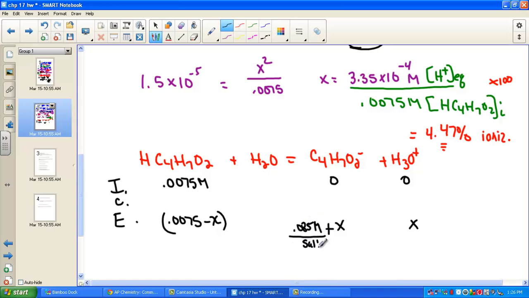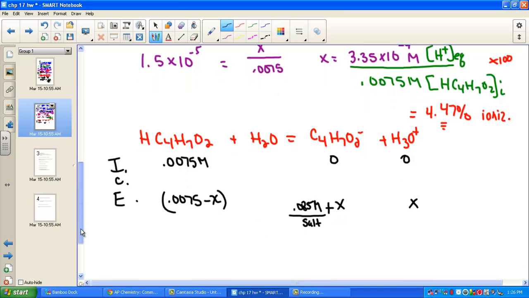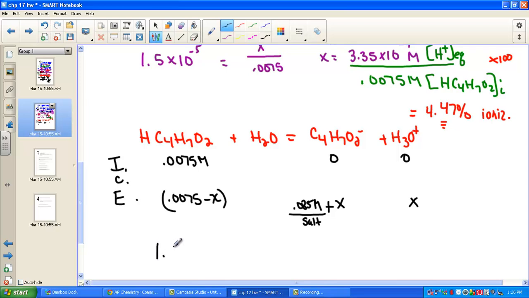This is from the salt that is in common with the acid. What happens to the ionization? Well, here's that Ka, 1.5 times 10 to the negative fifth. We looked that up here.